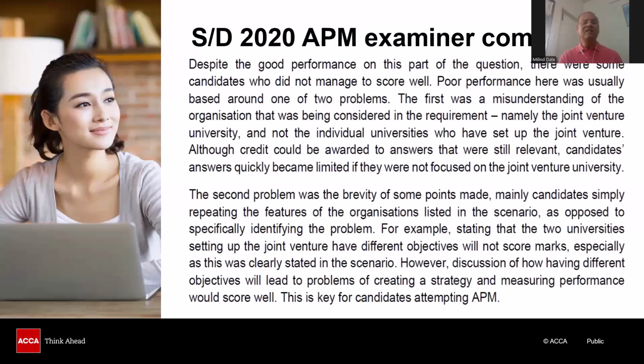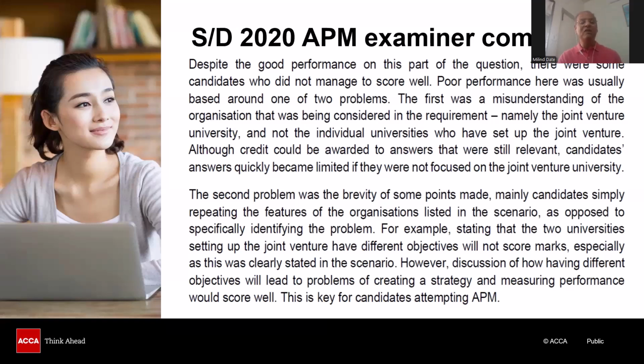The examiner stated that despite their good performance on this question, there were some candidates who didn't manage to score well. So it was a mixed kind of a reaction from the examiner. Poor performance. Now, this is where learners would concentrate more, so that once you understand the poor performance pitfalls, your answer automatically becomes stronger and to the point.